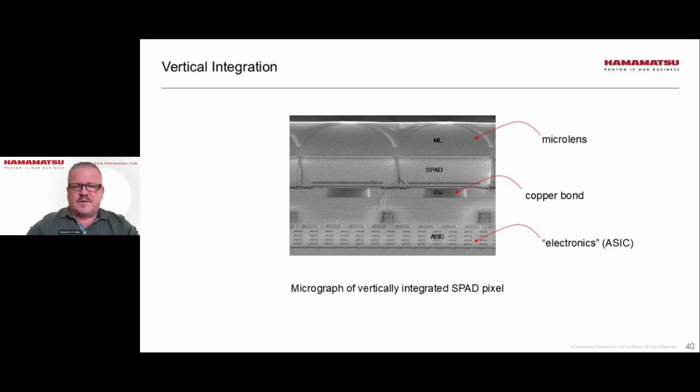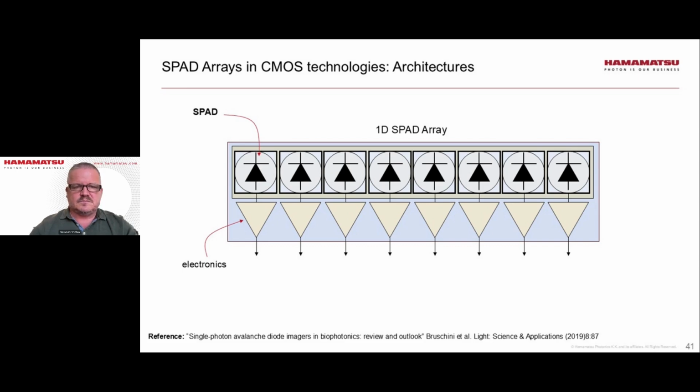Here we see a micrograph of a vertical integration. I know you cannot see the mouse, but there's a SPAD here. There's a copper bond, ASIC, and this particular structure also has a microlens, which is increasing the photon detection efficiency. So here you see an example of a linear SPAD array, where we have light-sensitive SPADs, and nearby in the horizontal configuration, we have electronics that drives these SPADs.